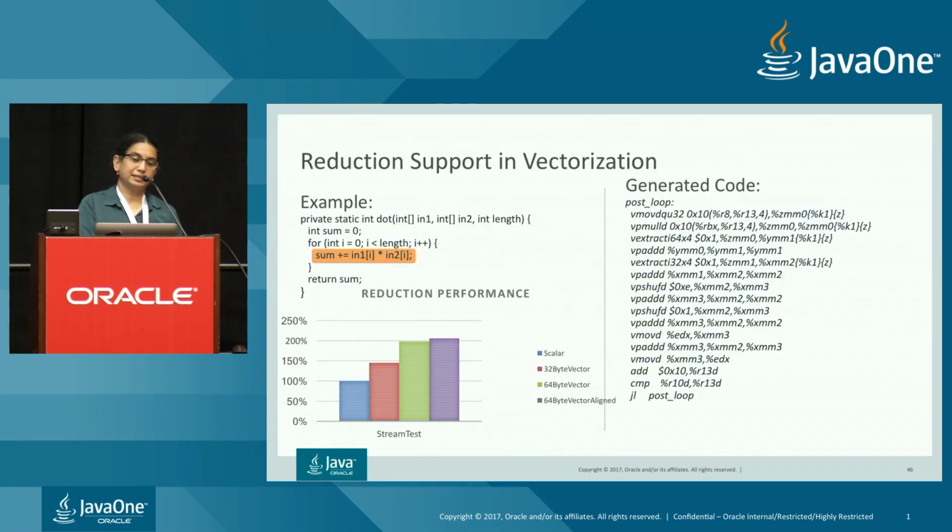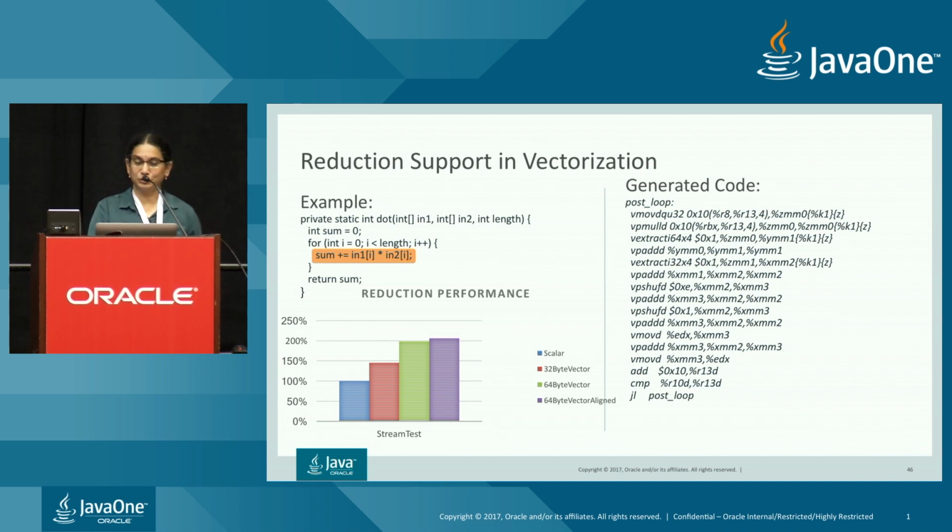Here is an example of reduction. The highlighted portion of the code is doing the sum reduction of multiplication of array elements. Prior to JDK 9, reduction was not supported. Basically, if there was such a reduction in classic Java code, the loop would not get vectorized, and you would not see benefit from vectorization. In JDK 9, the reduction is supported, and you can see up to 2x gain for this particular code.